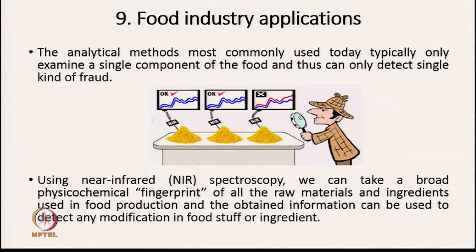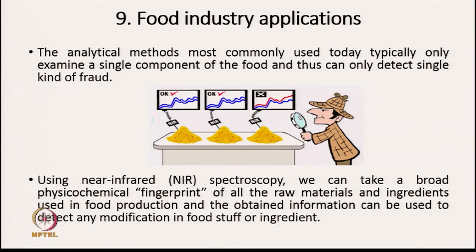Most of the analytical methods used to detect a particular ingredient in a food sample typically examine a single component of the food, and thus can only detect a single kind of fraud. A food sample is generally mixed with different unwanted materials, and we need to know whether our food sample is good or not.